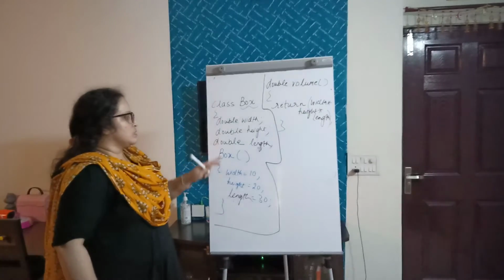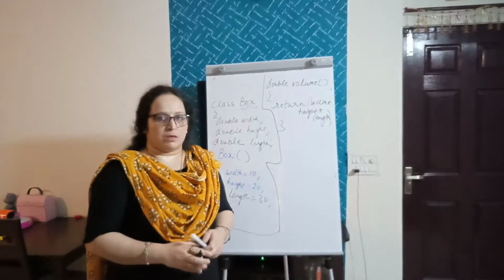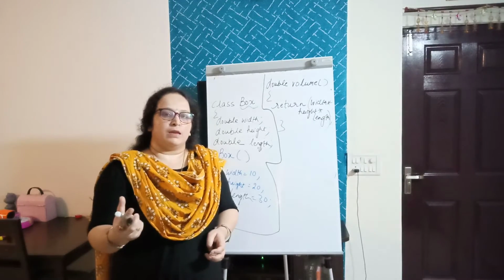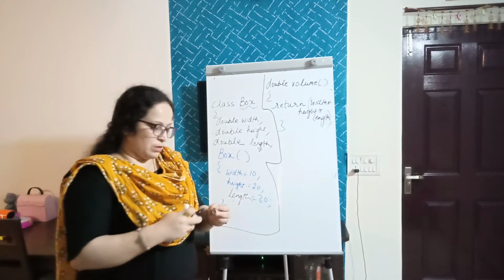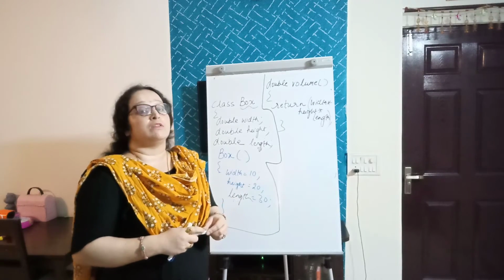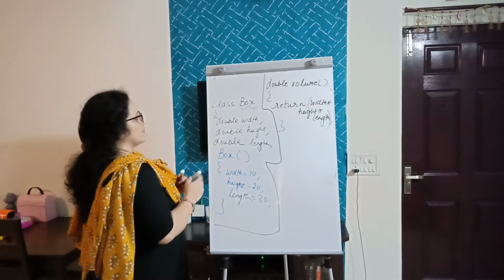Now, this is one class that I have declared. Now I have to use my main method. That main will be declared where? It will be declared within a class. In Java, as I told you, each and everything is declared within a class. So we will take another class.